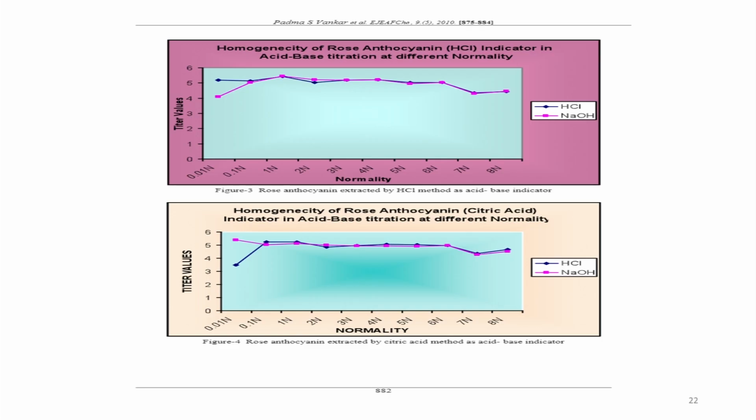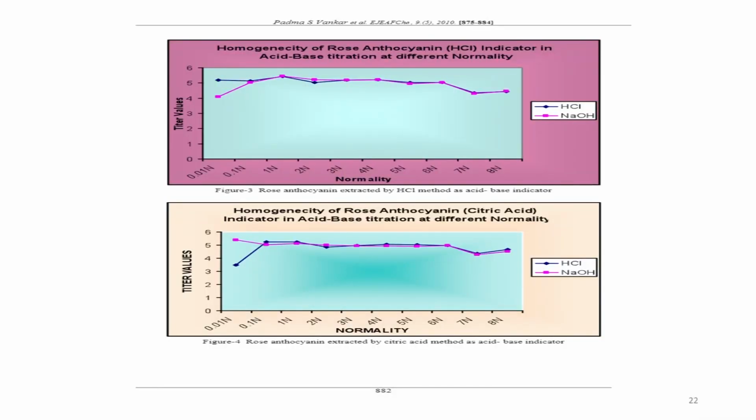Homogeneity of rose anthocyanin, which was extracted by 3% citric acid, also showed that when the normalities of HCl were changed and added to the rose extract, the points coincided very well, which means the acidity and the basicity are at equilibrium, and when one extra drop of acid or one extra drop of base is added, then they shift to the other side.